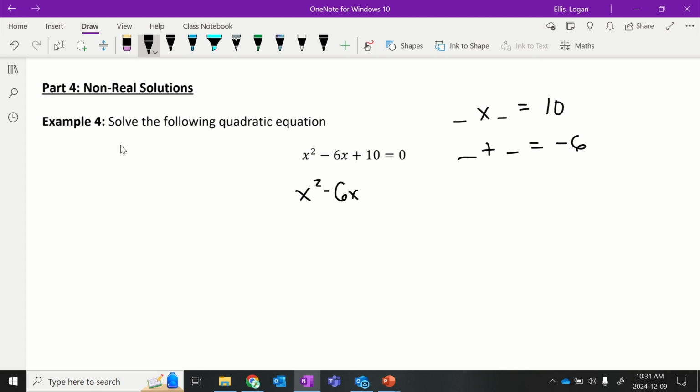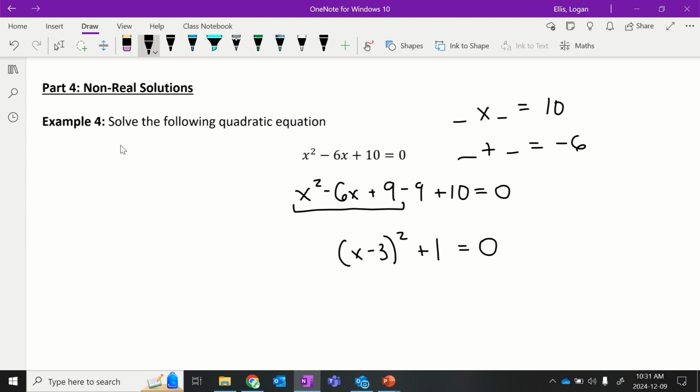And so if you complete the square, half of 6 is 3, square that is 9. You're going to notice this part again is (x minus 3) squared, and negative 9 plus 10 is plus 1. So watch what happens when you go to solve this. You move the 1 across, and that's negative 1 now, right?